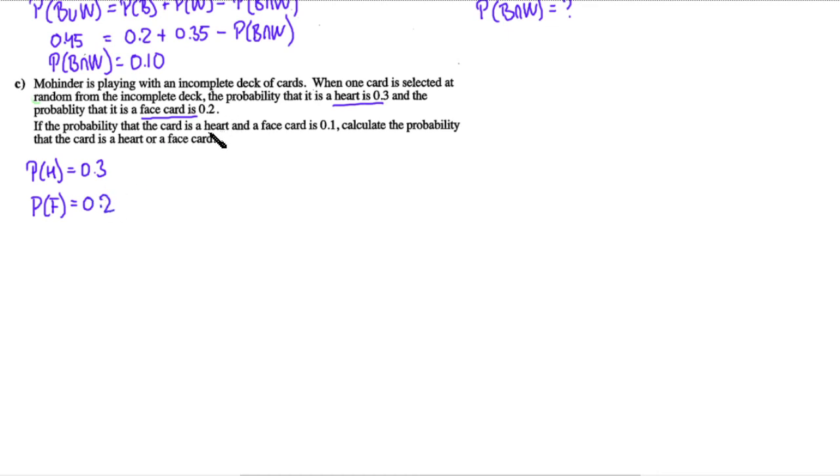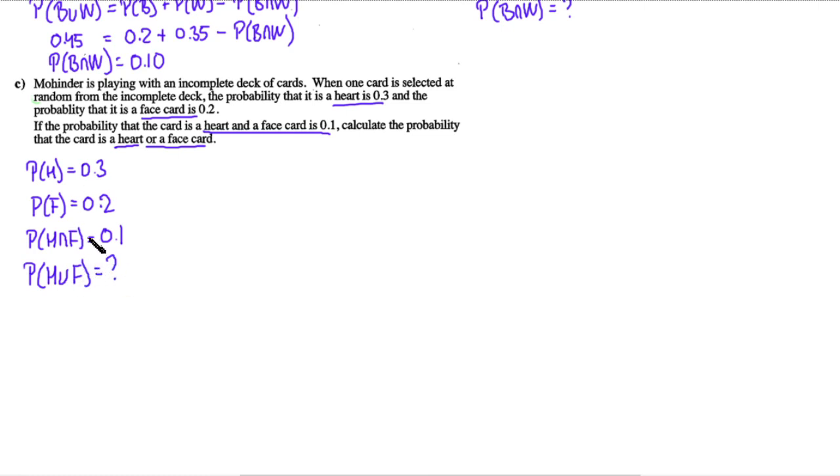And we also know that the probability of selecting a card that is heart and face is 0.1. And then we're looking for the probability that the card is a heart or a face card.